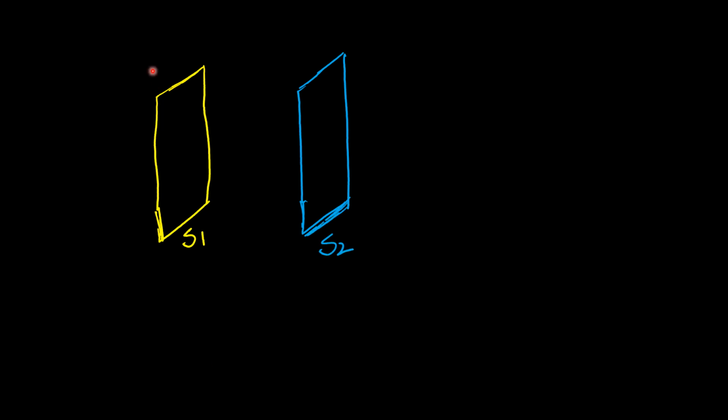In parallel plate capacitors, both the S1 and S2 plates are placed parallel to each other. We can represent this with the parallel symbol. Both plates are conductors.